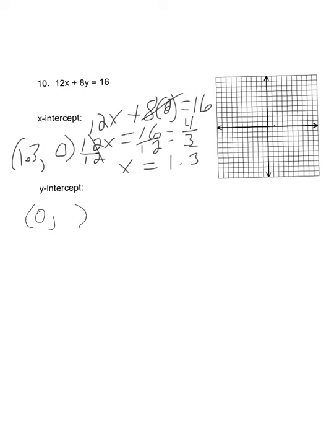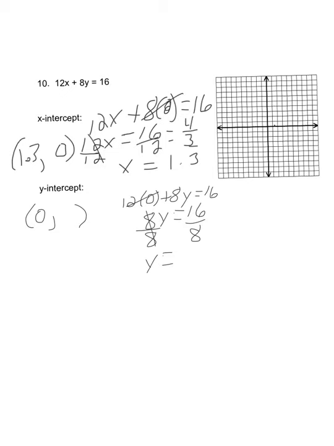So into the original equation, plugging 0 for x, 12 times 0 plus 8y equals 16. 12 times 0 is 0, so it cancels off. 8y equals 16. Solving for y, divide by 8, divide by 8.